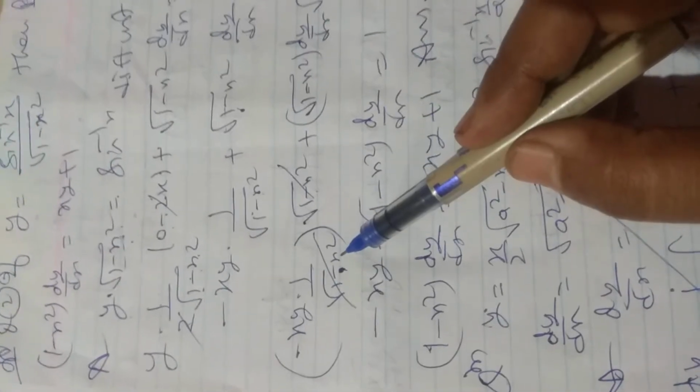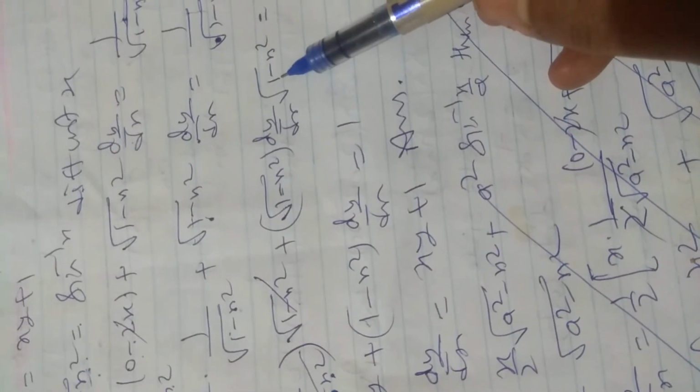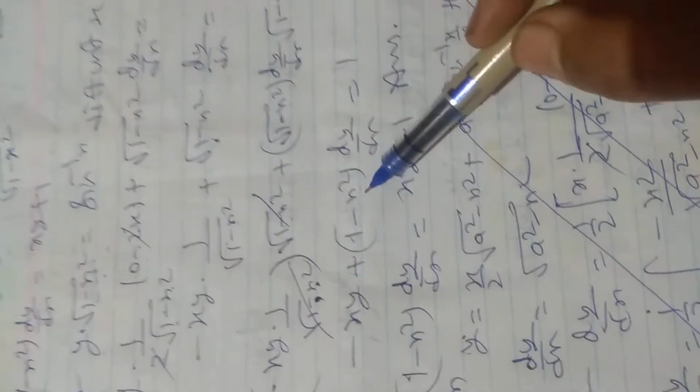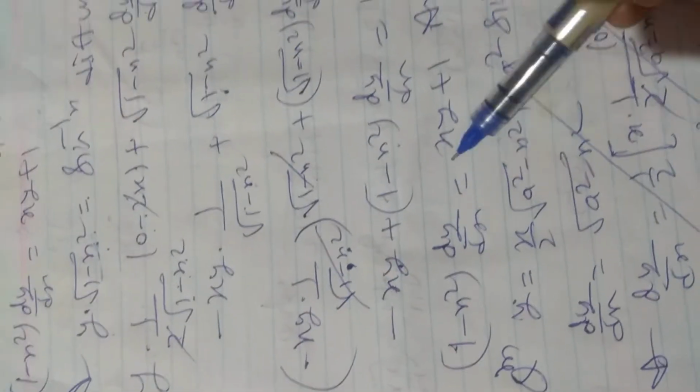This step and this step are cancelled. We get minus xy plus root 1 minus x square into root 1 minus x square, which is 1 minus x square, dy/dx equals 1. So that minus xy is transferred to the other side as plus xy. So we get the answer: (1 minus x square) dy/dx equals xy plus 1.